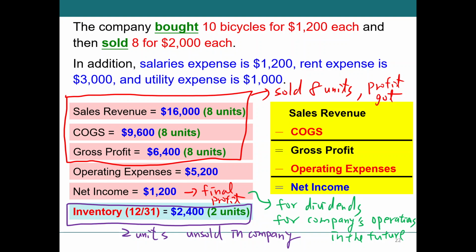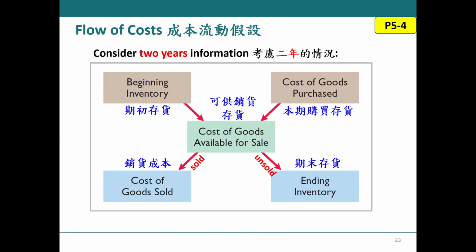Normal case, your company is not only a 1 year company, right? So you have some money, some assets, some data from last year. So we have to consider that. Right now you have to consider the situation for 2 years, which is the common case, your normal case.